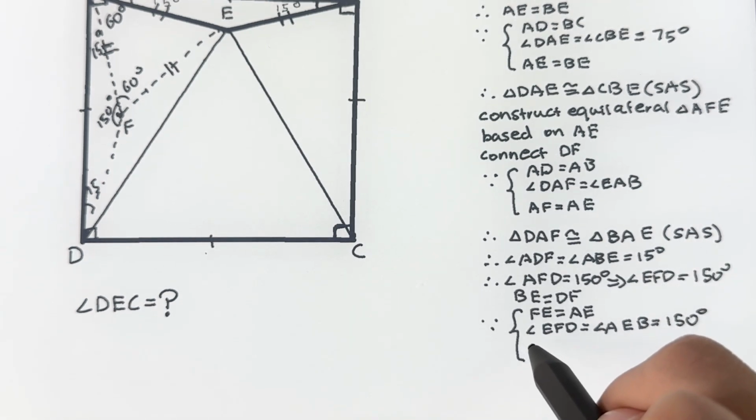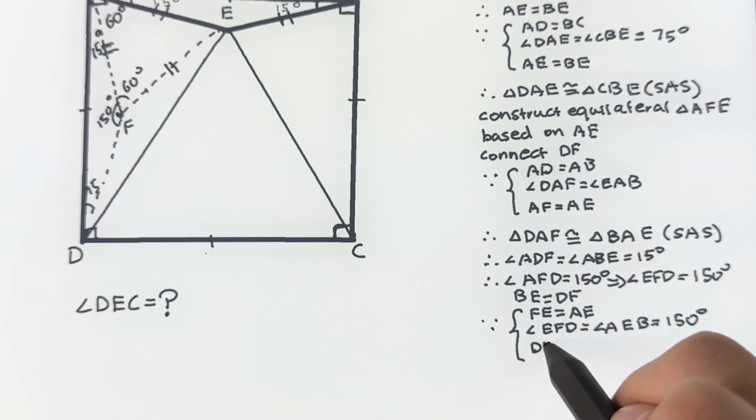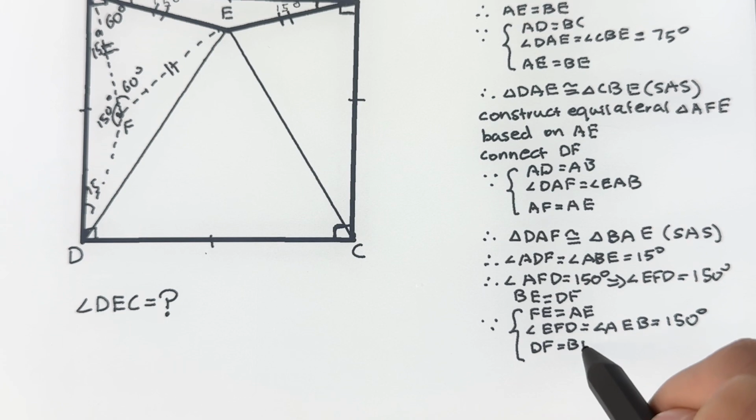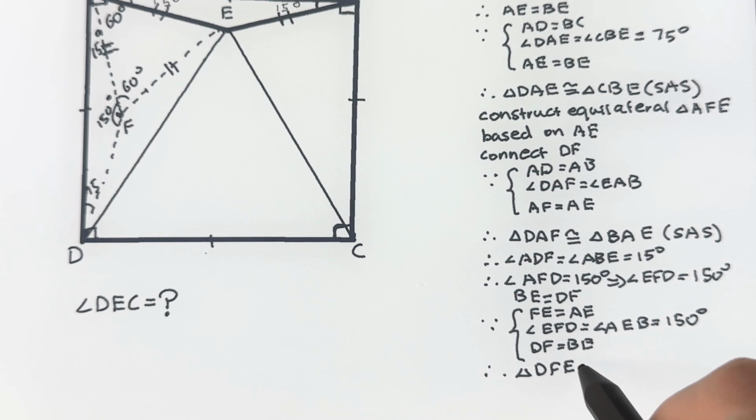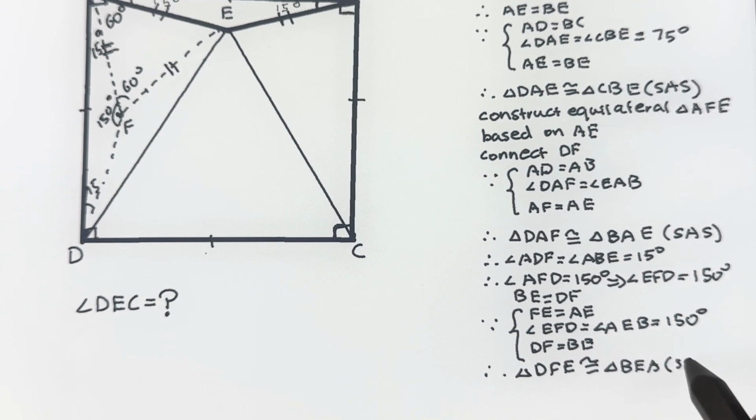And then we have DF equals BE. So triangle DFE is congruent to triangle BEA by SAS. So we have ED equals AB.